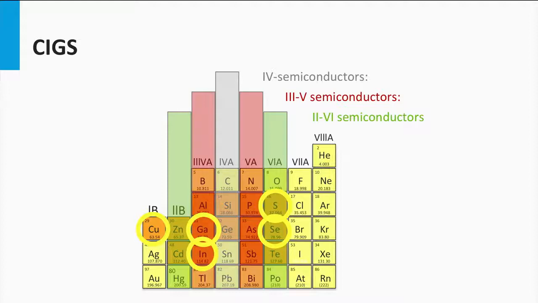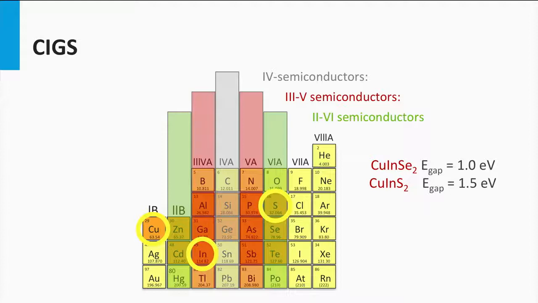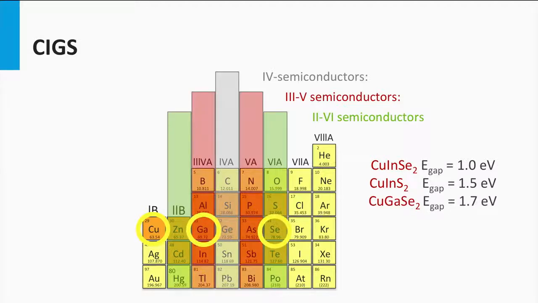Some important compounds in the material are copper indium selenide with a band gap of 1 electron volt, copper indium sulfide having a band gap of 1.5 electron volt, and copper gallium selenide having a band gap of 1.7 electron volt. These materials cover a wide range of both band gaps and lattice constants.